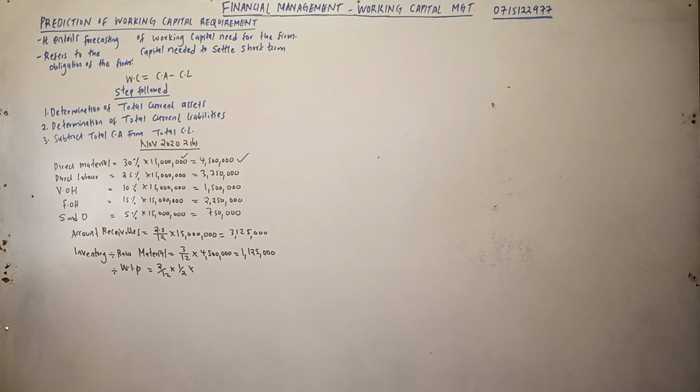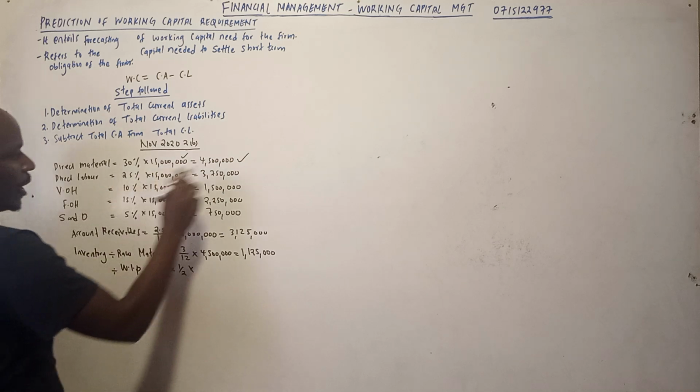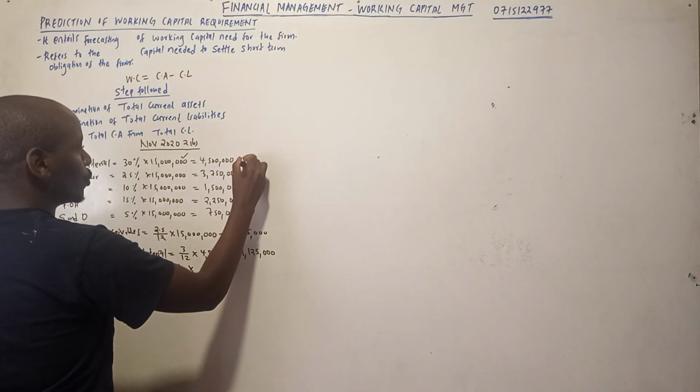Now, what is the value of the goods produced? You take direct material, direct labor, variable overhead and fixed, and add them. That is the value of the goods produced.